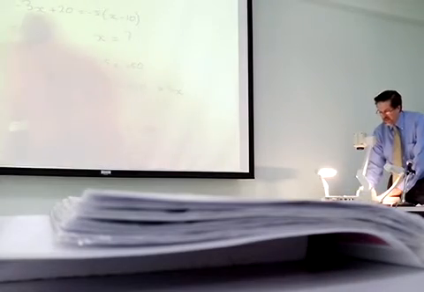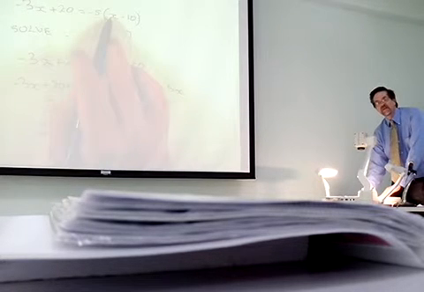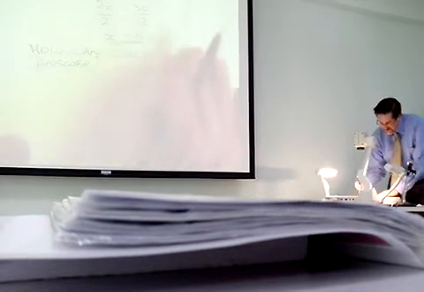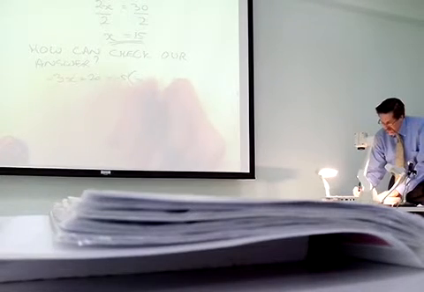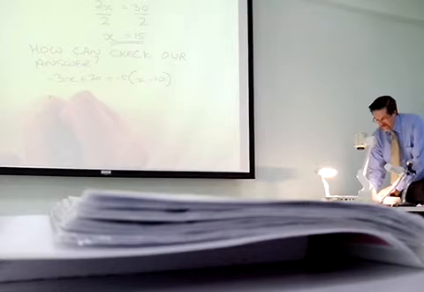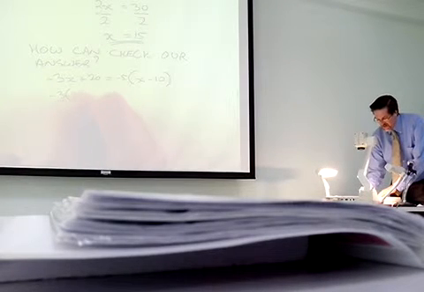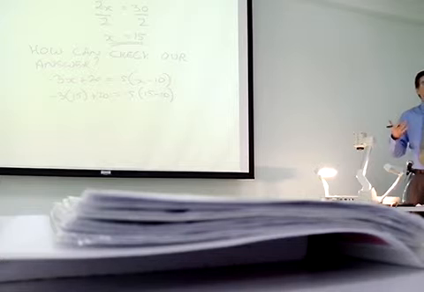Well, we can check by just seeing if it's correct when we put 15 in here instead of x. So our equation is that. So let's see if 15 actually works. Is it equal? That should be equal if 15 is the answer.